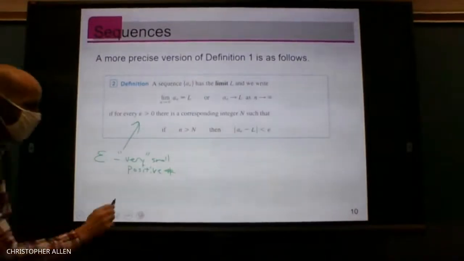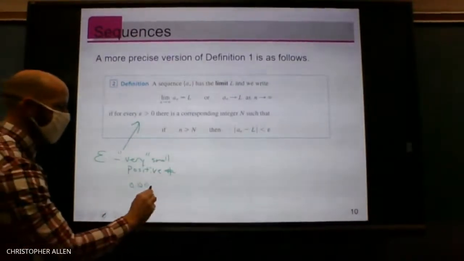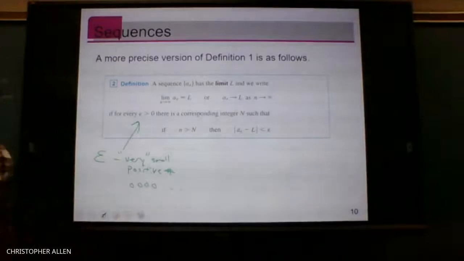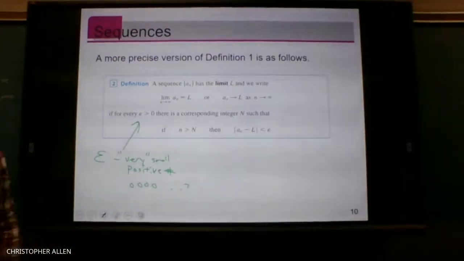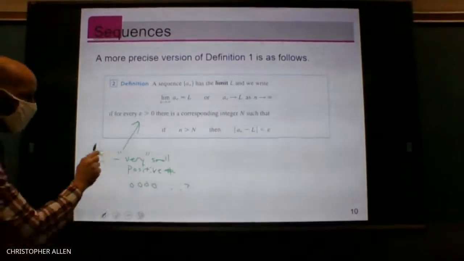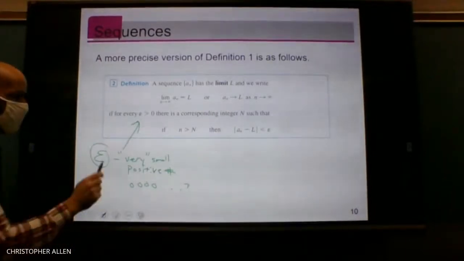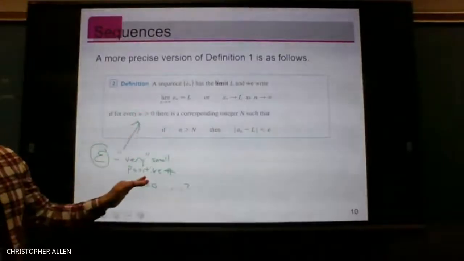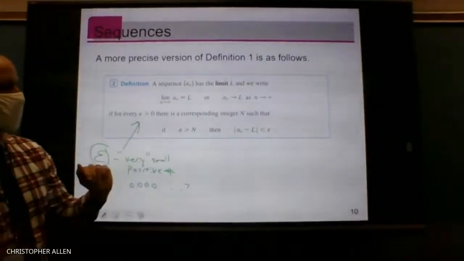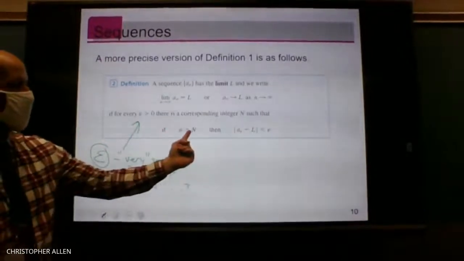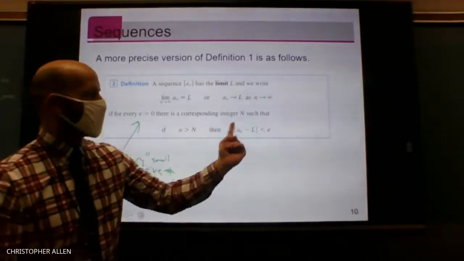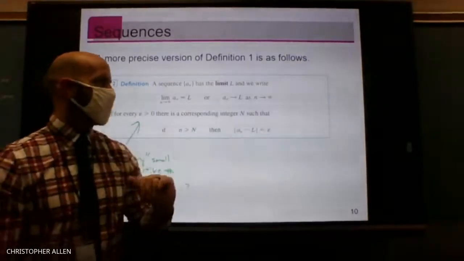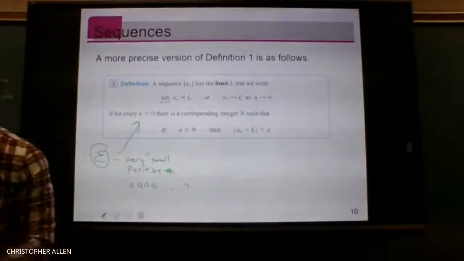I'm talking about like 0.0000 and maybe 10 trillion zeros and then like 3 or something like that. Very, very small. It turns out that for n greater than some large N, the distance between the limit and the term is less than epsilon.